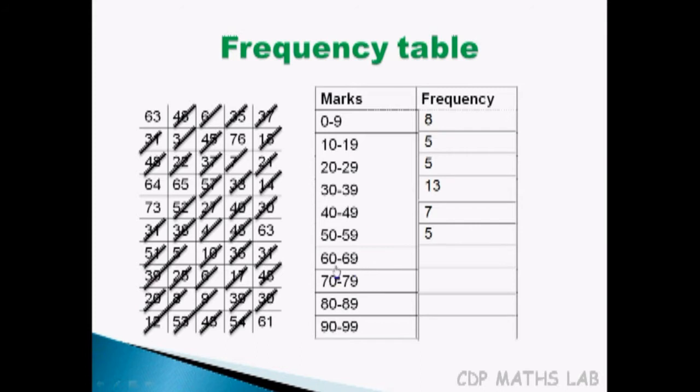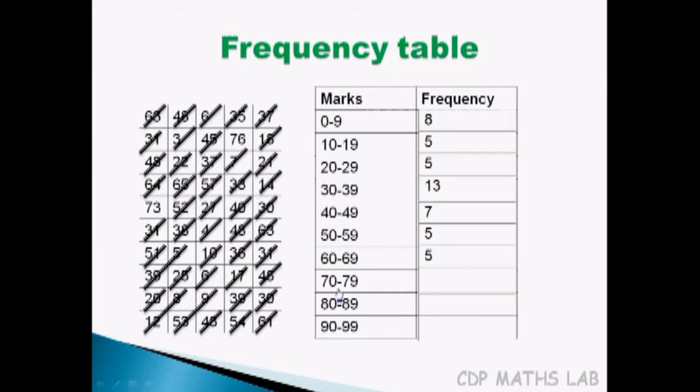Now how many persons scored from 60 to 69? That's 1, that's 2, that's 3, that's 4, and that's 5. So 5 persons scored from 60 to 69.